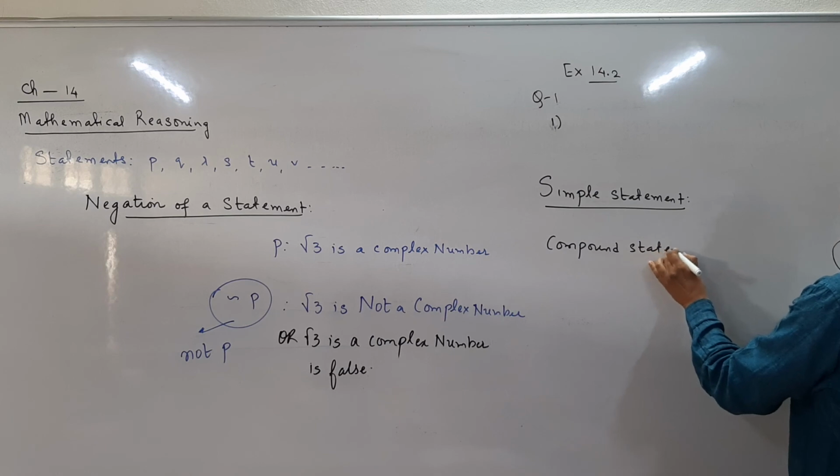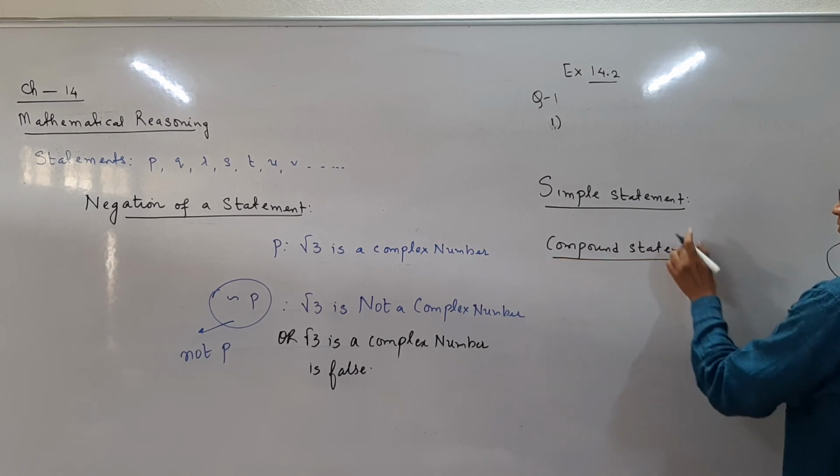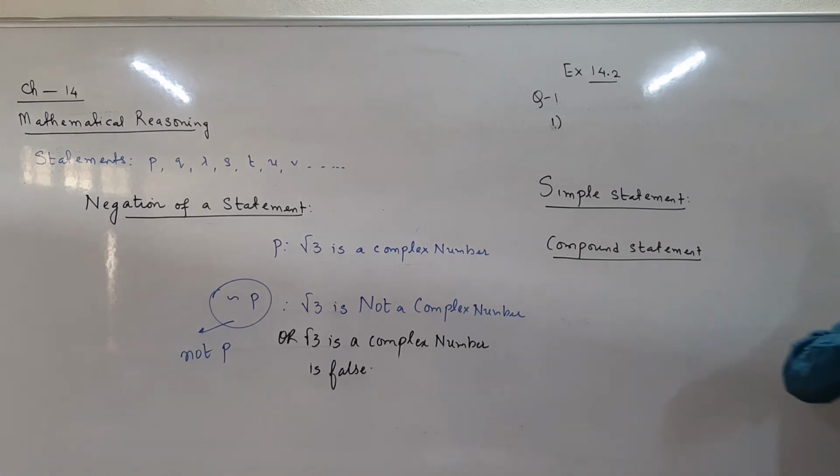A statement which cannot be broken down into further statements is called a simple statement. A statement, students, which cannot be broken down into two or more statements is called a simple statement. The best example, root 3 is a complex number, is a simple statement. And a statement which can be broken down into two or more statements is called a compound statement.